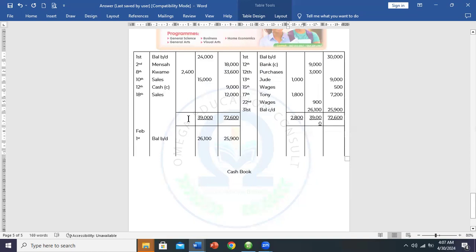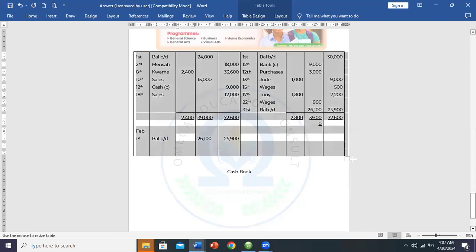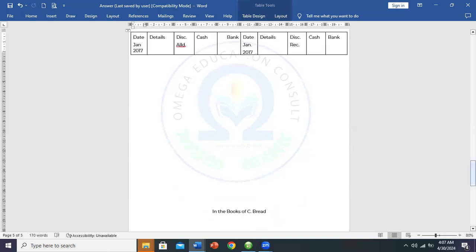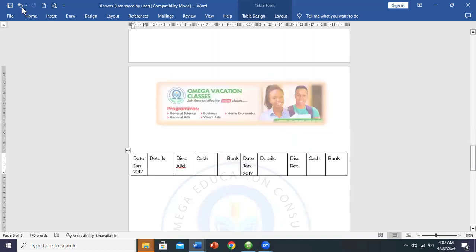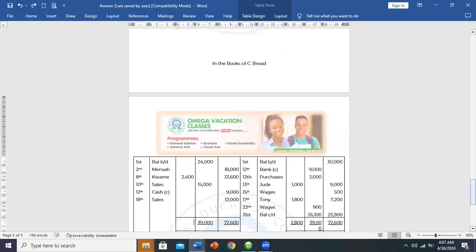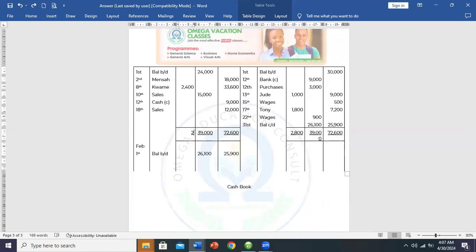Okay, so under the discount allowed, we just had 2,400. Okay, so that will be it for the 3-column cashbook.